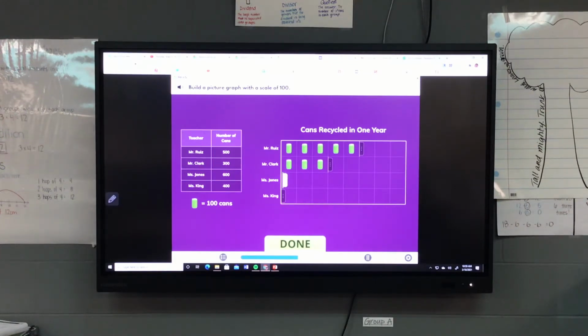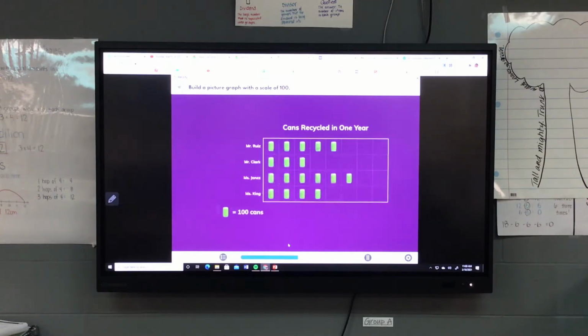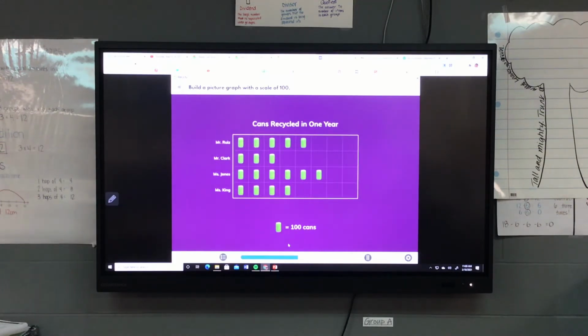So let's do our skip counting. 100, 200, 300, 400, 500, 600. How about Miss King? 400. Okay, 100, 200, 300, 400. The school year ended, and each class recycled hundreds of cans.